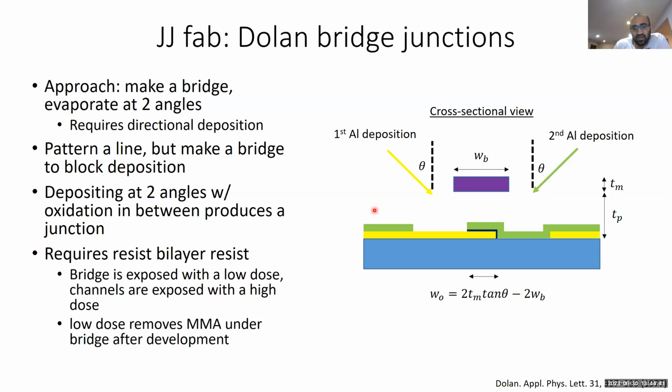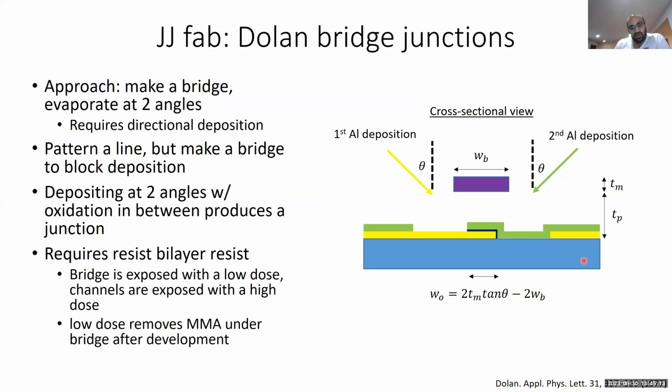And importantly, the Dolan bridge process is going to be dependent on certain parameters like the thickness of your resist. You can basically do the geometry here and determine the length of this overlap region, and it's given by this expression, where WB is the width of the bridge, TM is the thickness of your... Actually, these labels are swapped.